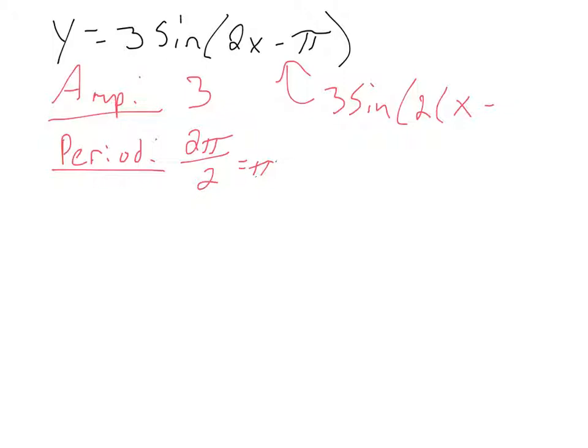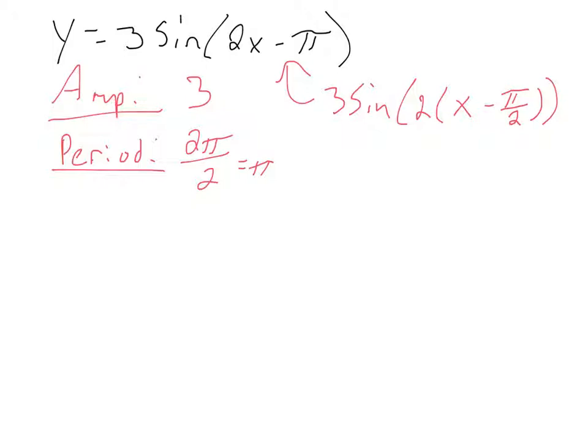What would I have to multiply 2 by to get pi if I distribute it back through? Pi over 2. So whatever you factor out just ends up in the denominator of what's left over, and if you can simplify it, that's good.